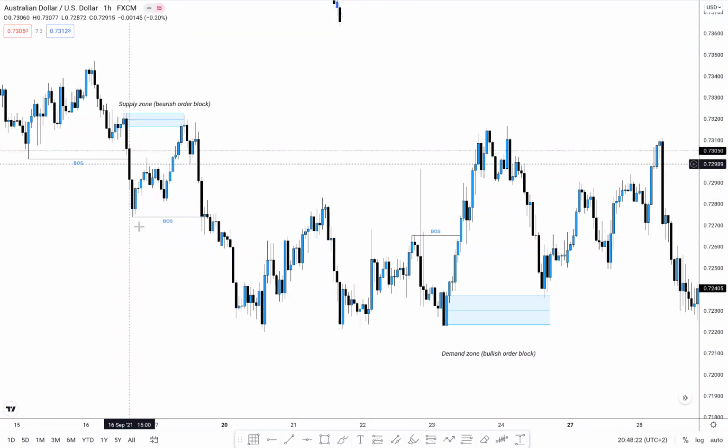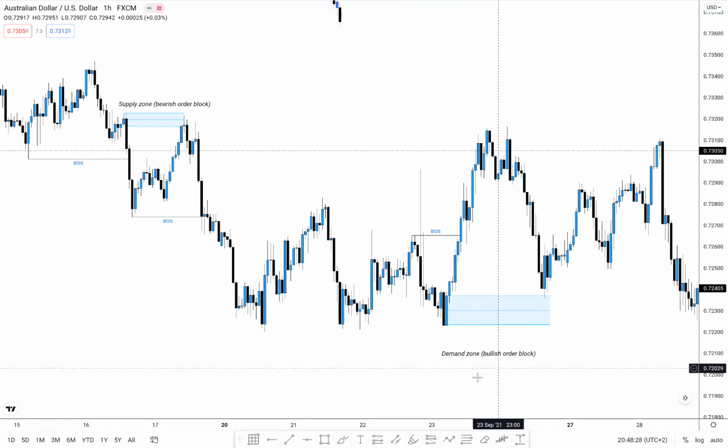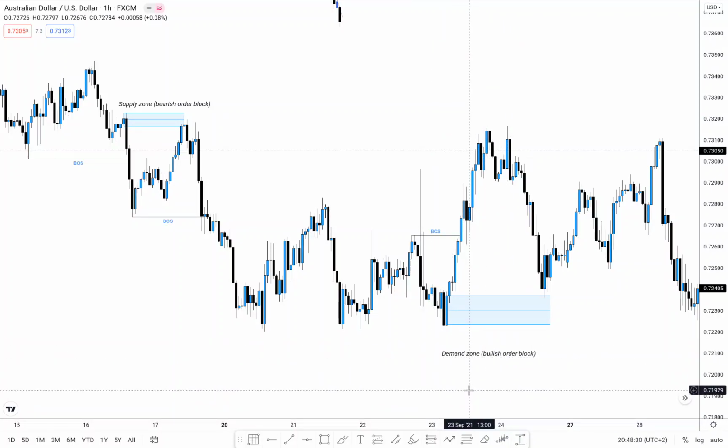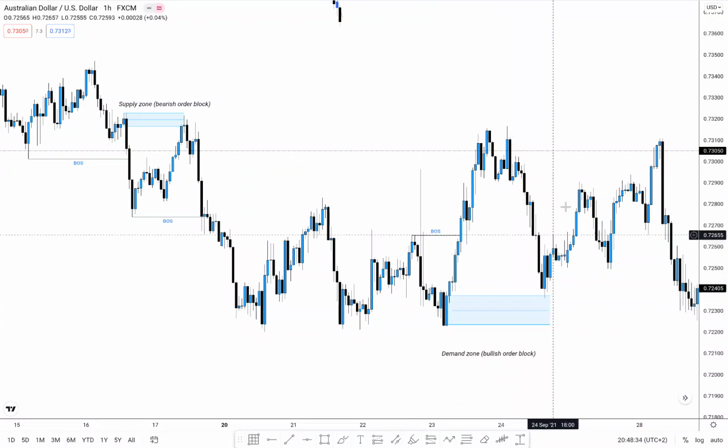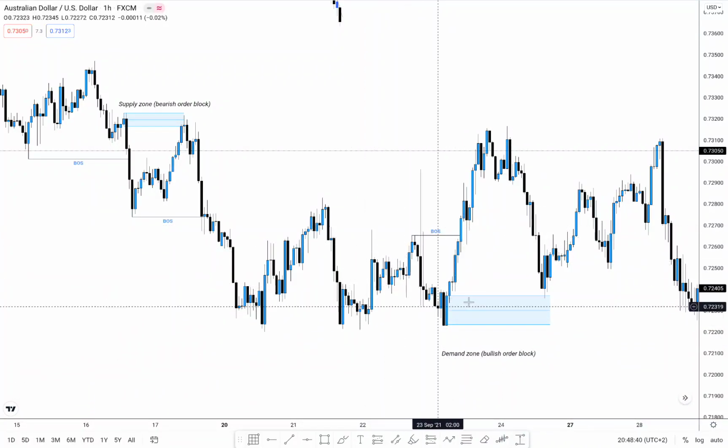If price does not break structure, that order block is invalid, guys. And then a demand zone, which we are going to start calling a bullish order block, is the last bearish candle before the major move up, which breaks structure to the left. Remember, we always need to break structure, guys, moving up.